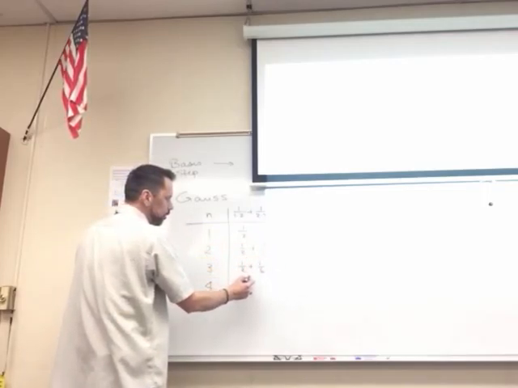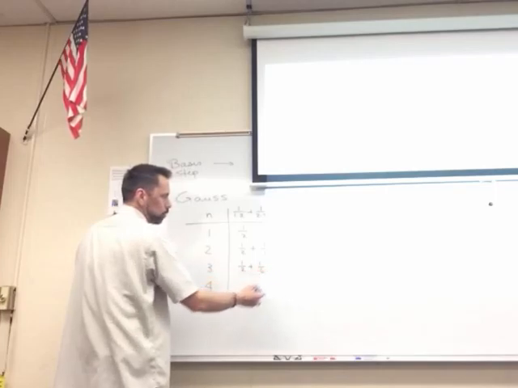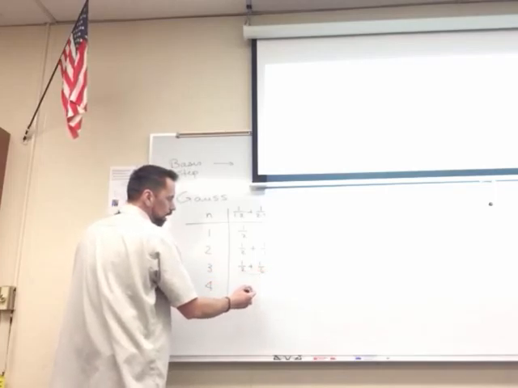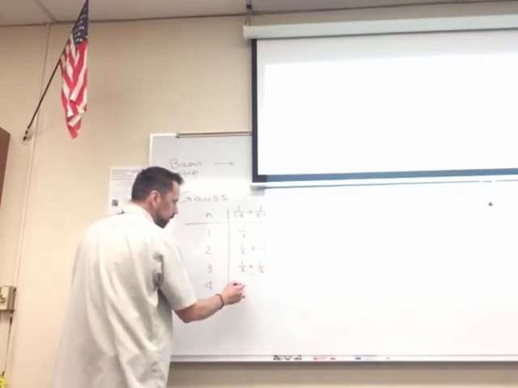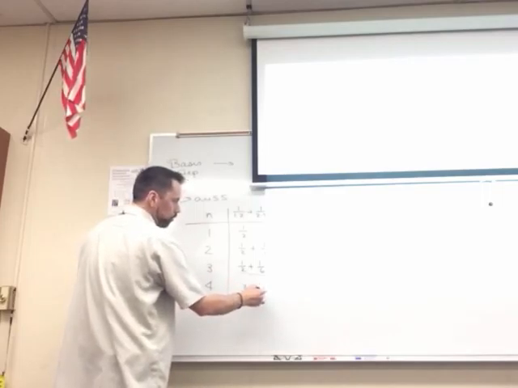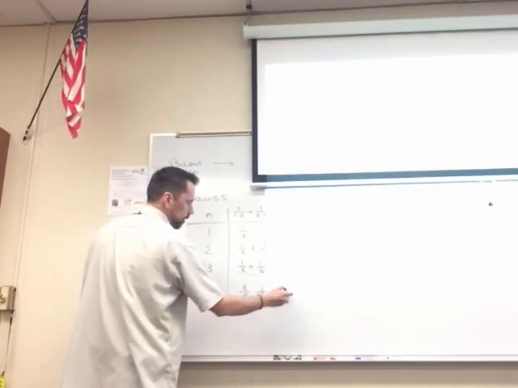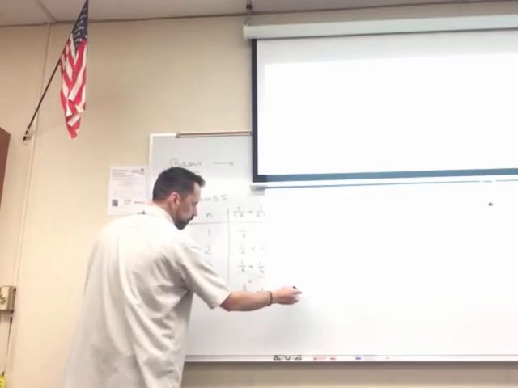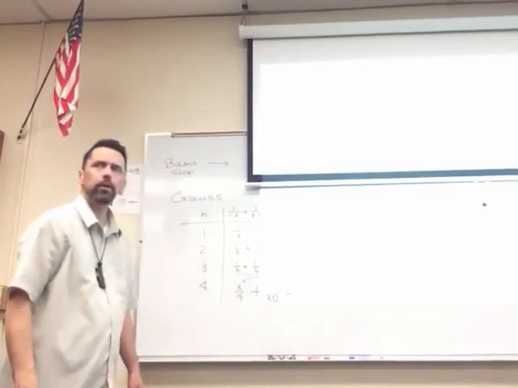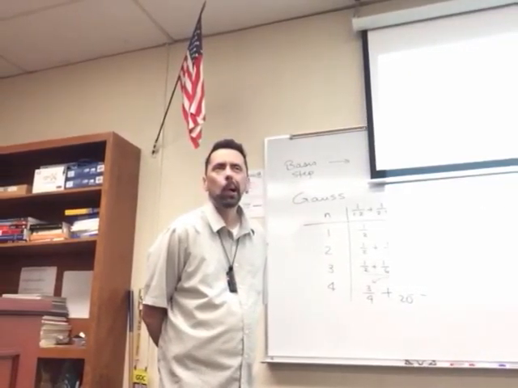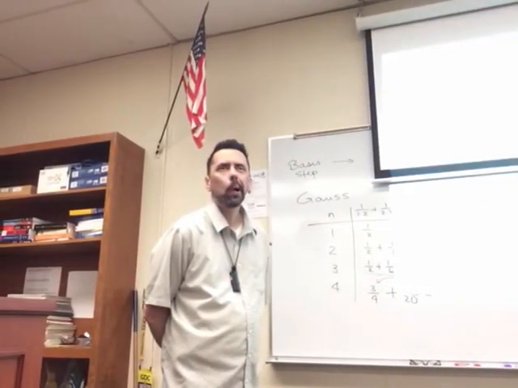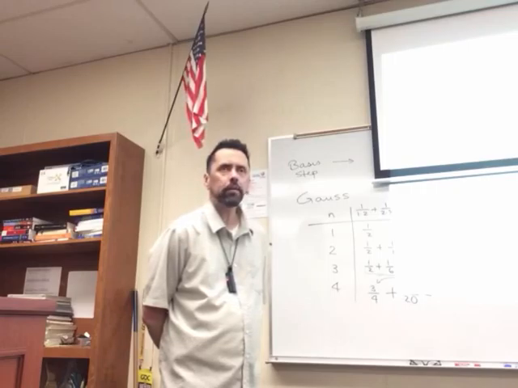So this is 2/3. I could have just done 2/3 plus 1/12. And in the next one, I can just do 3/4 plus the next one, which would be 1/4 times 5. And that comes out to... what does it come out to?